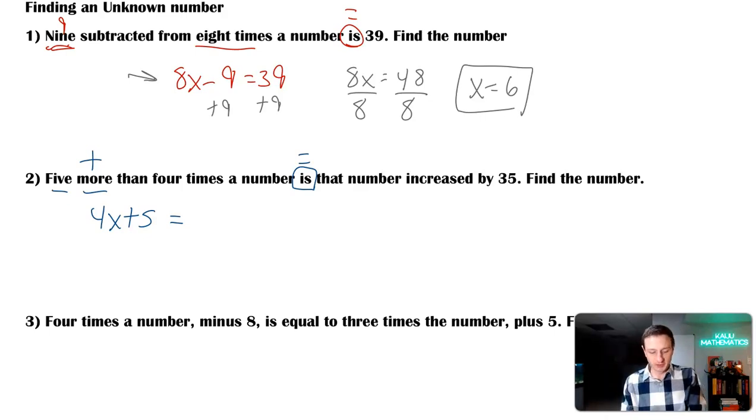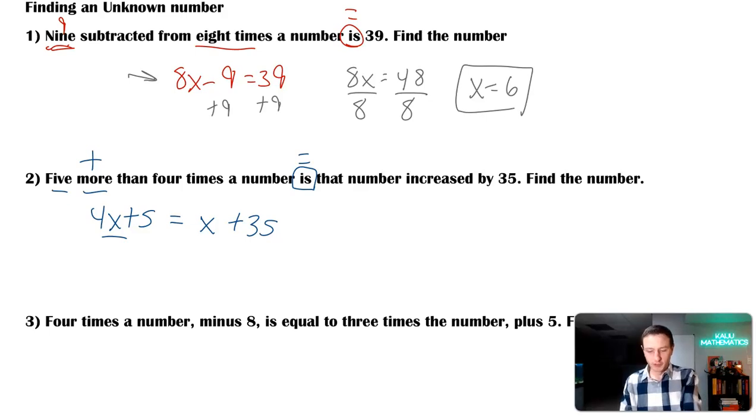So whatever this number here that I called x, that number increased by 35. After you write it down though, go back and read it. 5 more, sorry, I thought I flipped them. But 5 more, so plus 5, then 4 times a number. So whatever 4 times a number is, we're taking 5 more, and that is equal to that number plus 35.